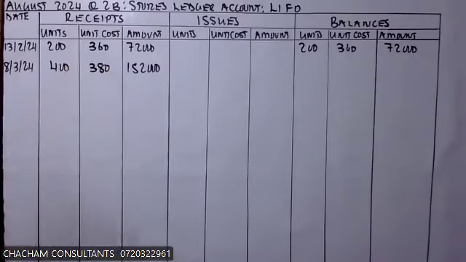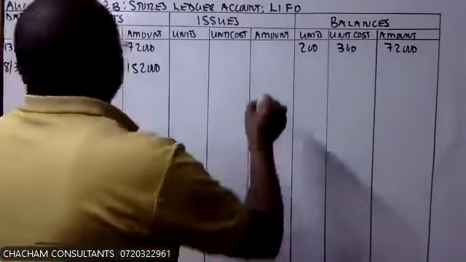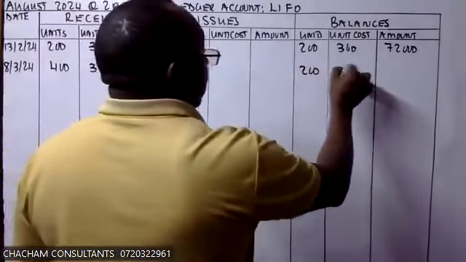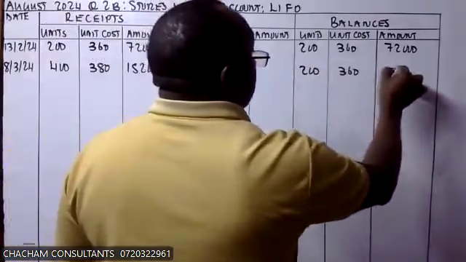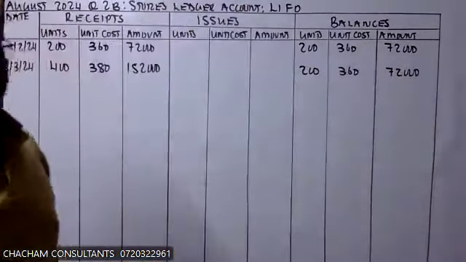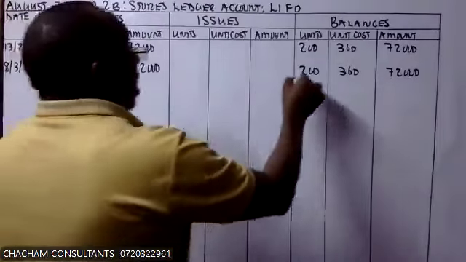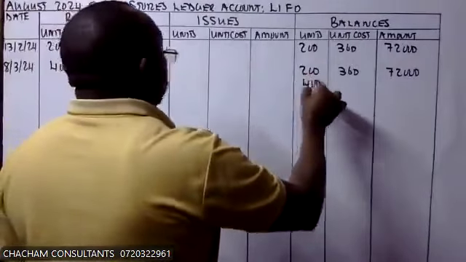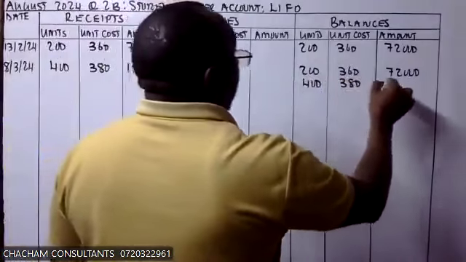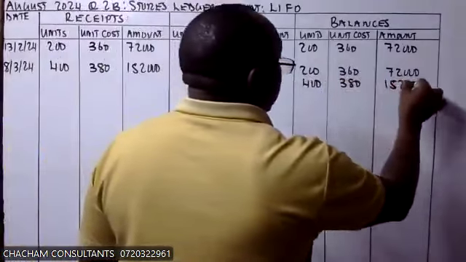Okay. So when you come now to close, you will close with this one, the 200 at 360, 72,000. Then this one that you have purchased, 380 at 152,000.